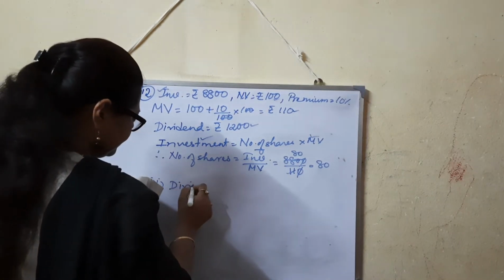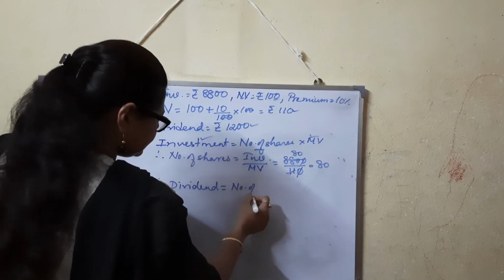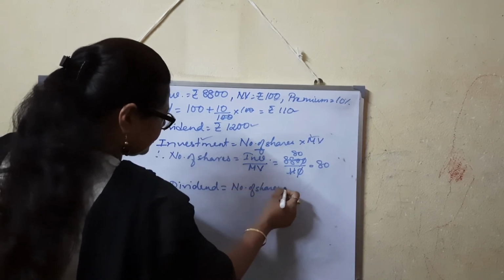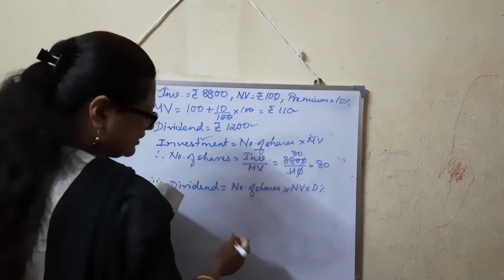How? Let's see. The formula is dividend equal to number of shares into nominal value into dividend percentage. This we have to find out.